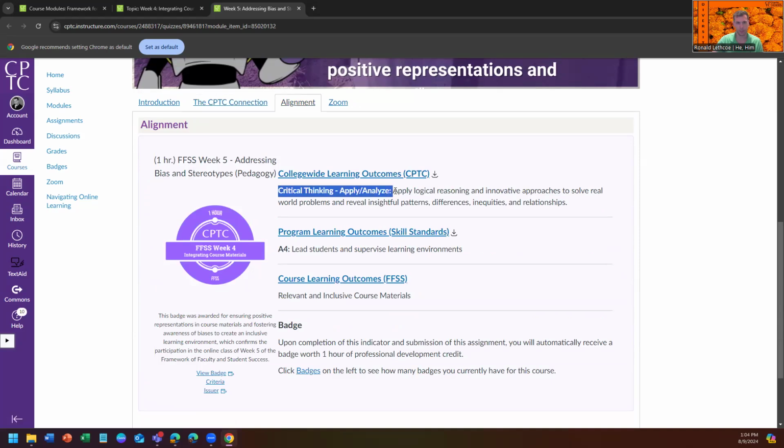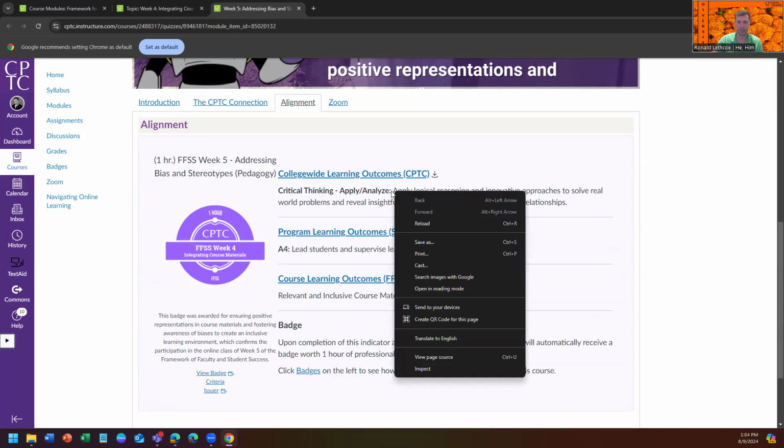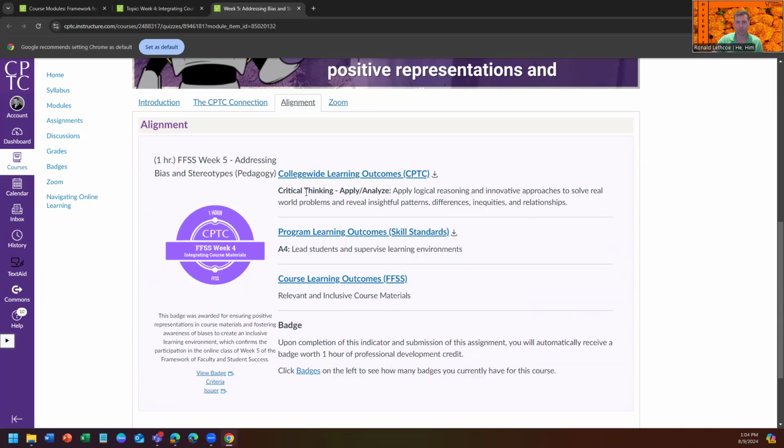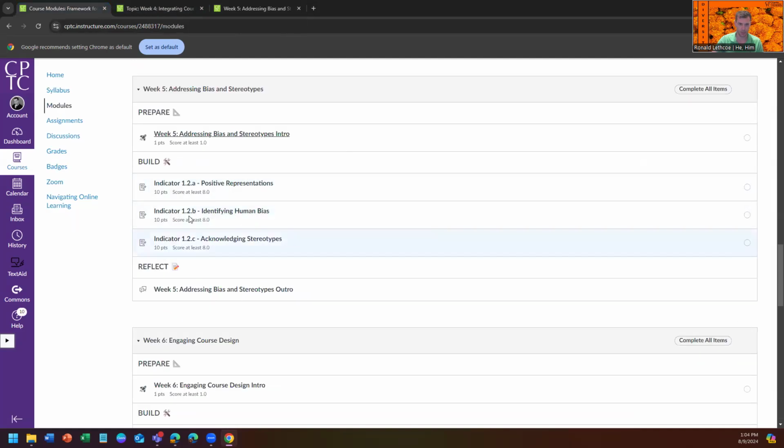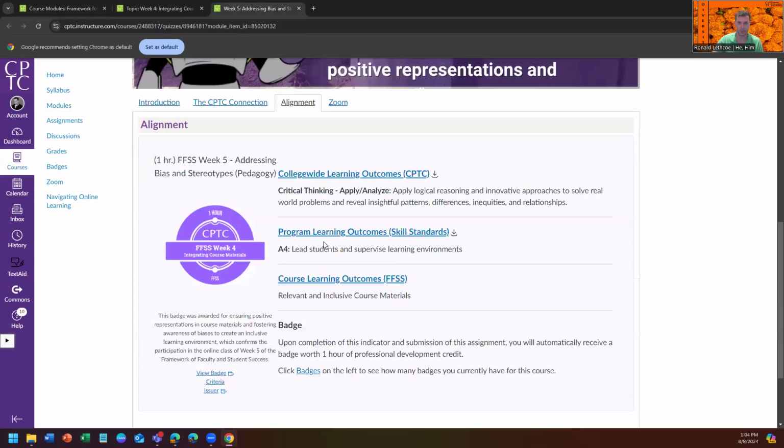Our alignment today, critical thinking, I would say would be more responsibility, but critical thinking maybe towards these other indicators here. Is the representation positive? Are you identifying the human bias? Are you acknowledging stereotypes? That's what I would say for that critical thinking. Lead students in supervised learning environments, we'll look at that.